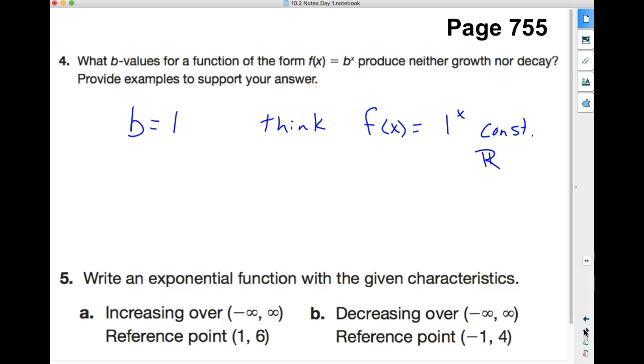Is there another number? 0. If b equals 0, that also is not an exponential function, because now if you think f of x equals 0 to a power, what the heck do we get?